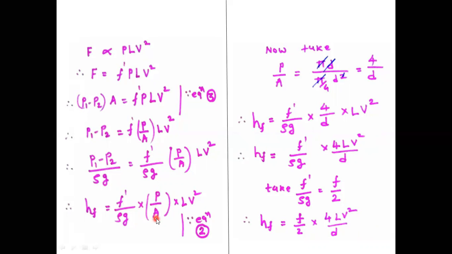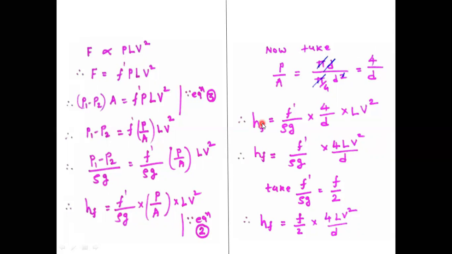Now take this P by A. P is the wetted perimeter, A is the cross section area. So wetted perimeter is pi d and cross section area is pi by 4 d square. So pi gets cancelled, one d gets cancelled. So I can get d by 4 in the denominator. So finally I can get 4 by d. So instead of P by A, I can put 4 by d in this equation.